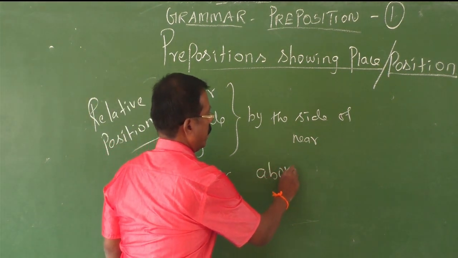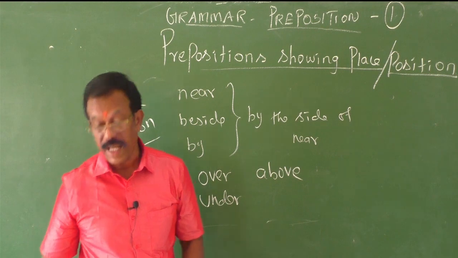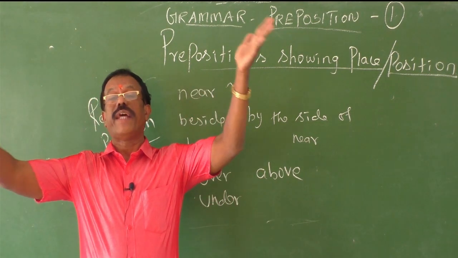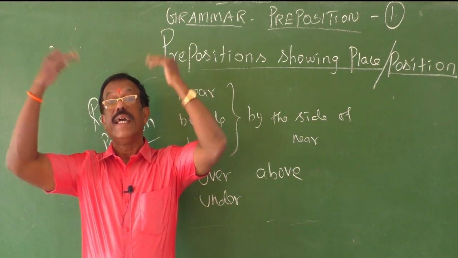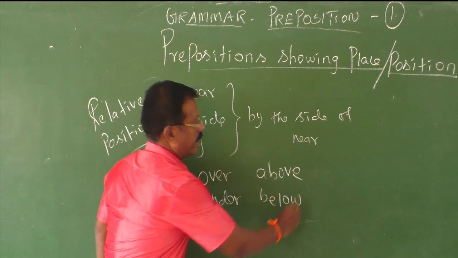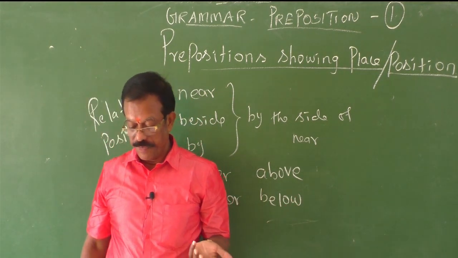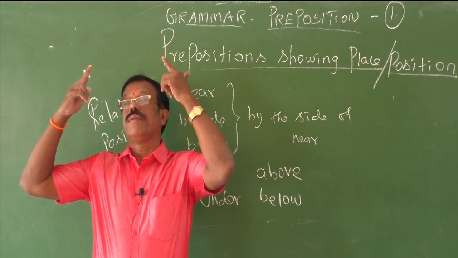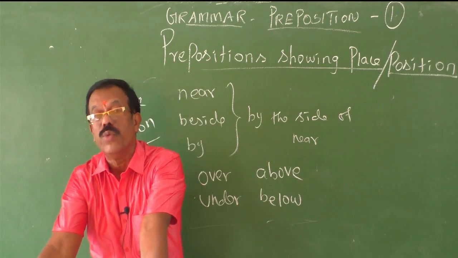Then above. Above means higher than. We see the clouds above the mountain. Then below stands for lower than. From the top of the mountain, you can see the valley below you.